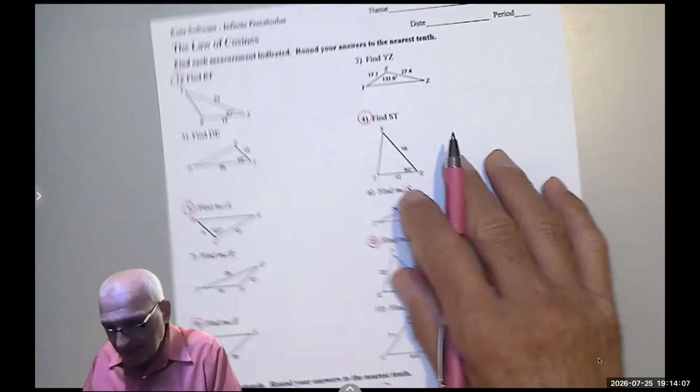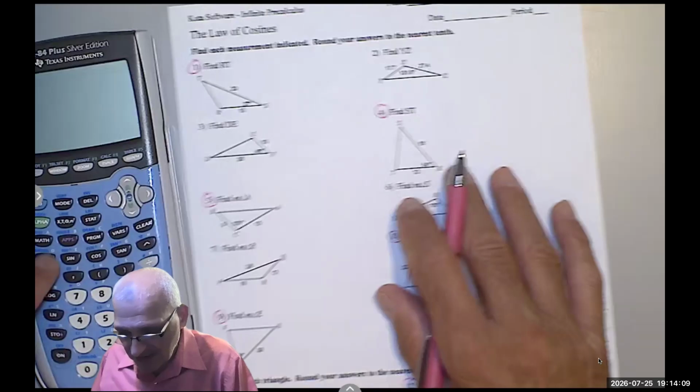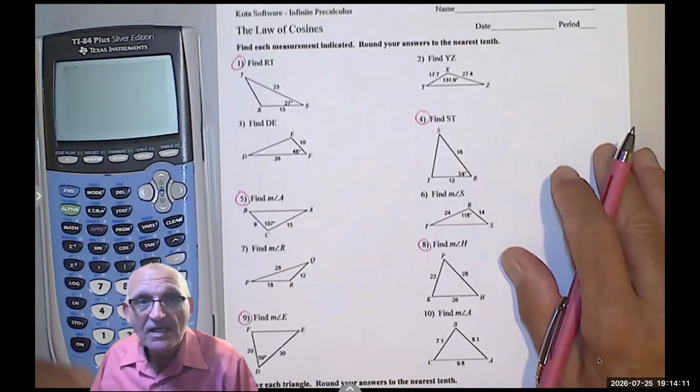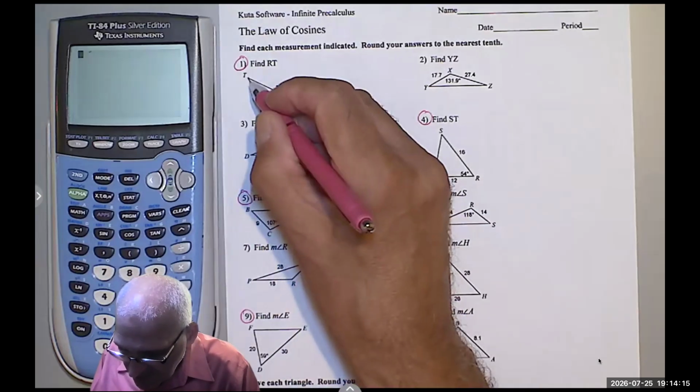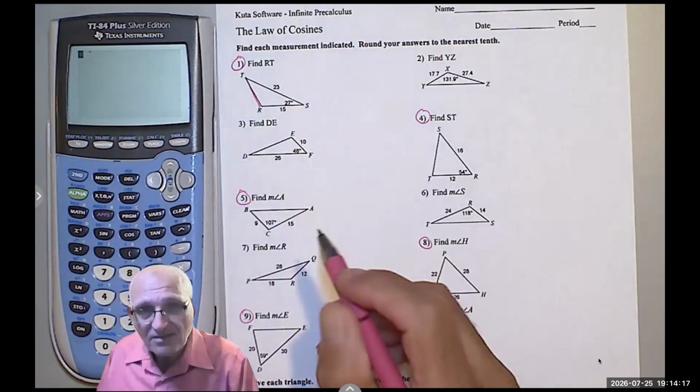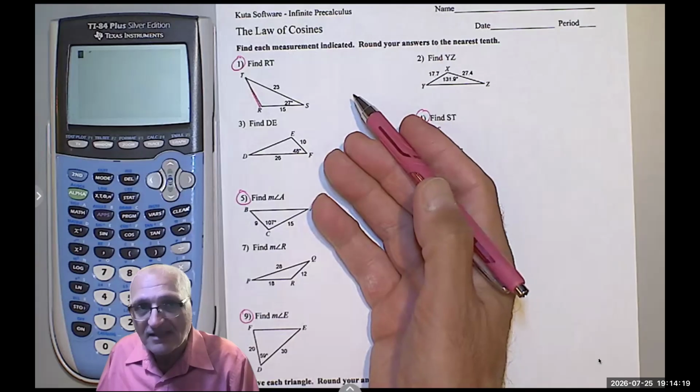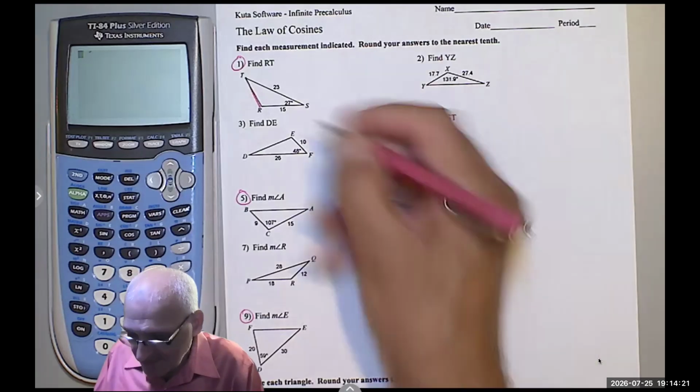Okay, I have my calculator. I make sure it's in degrees, not in radians. The first problem tells me find RT. I don't think you need me to write that, but I can.